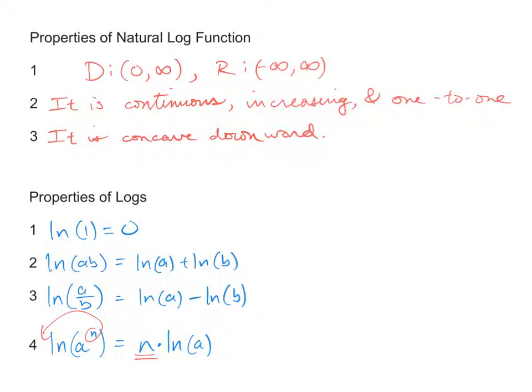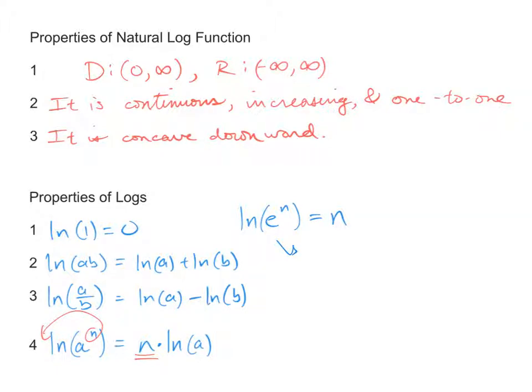And while we're here, one more property of natural logs for your information is that the natural log of e to any power is just that power. And that is because if you use the power rule down here, like this, the power comes out to the front. That will be looking something like this.